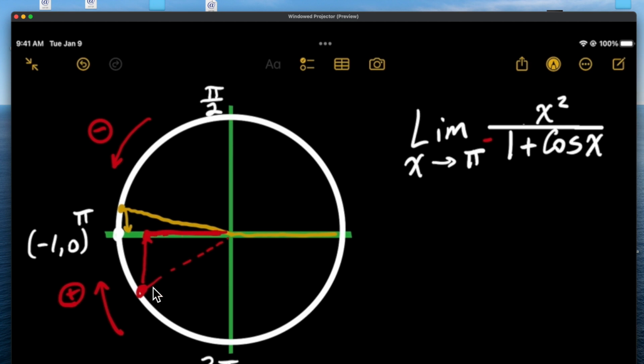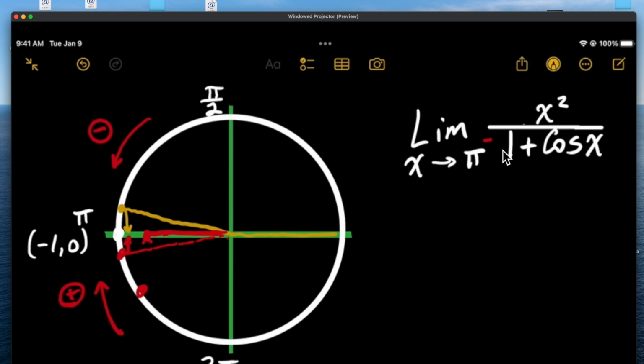But as we move closer and closer to pi, look what happens to that x coordinate. It does the same thing that happened here. As we move this angle closer and closer and closer to pi, this x coordinate goes to -0.999. It's the same result. You're going to get positive infinity whether you're going this way or that way, because that x coordinate, which after all is the cosine of the angle, we don't care what the angle is, but the cosine of the angle is going to be the x coordinate of the point on the unit circle, which is going to be -0.999.